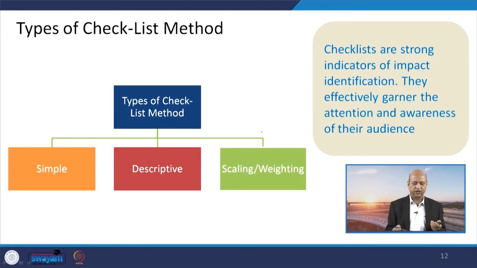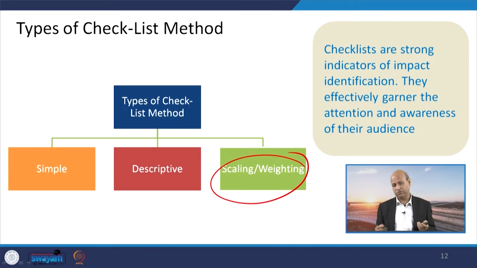Again, these types of checklist can be like a simple checklist. Descriptive means more information, one section then subsection, something like that. Otherwise, simple means 1, 2, 3, only those activities listed. Then scaling and weighting kind of checklist may be there. So, 3 broad types of checklist can be there.